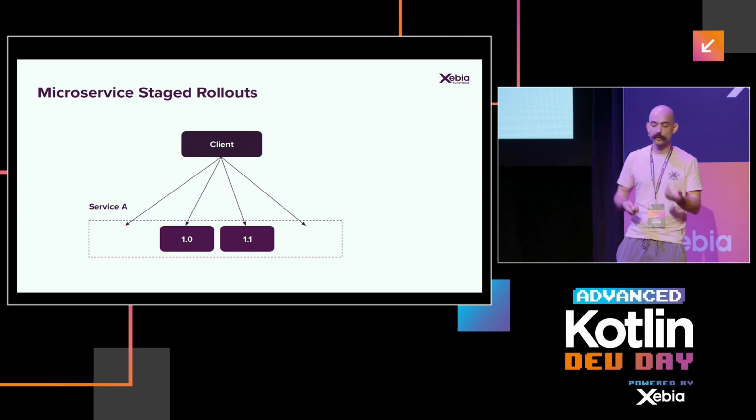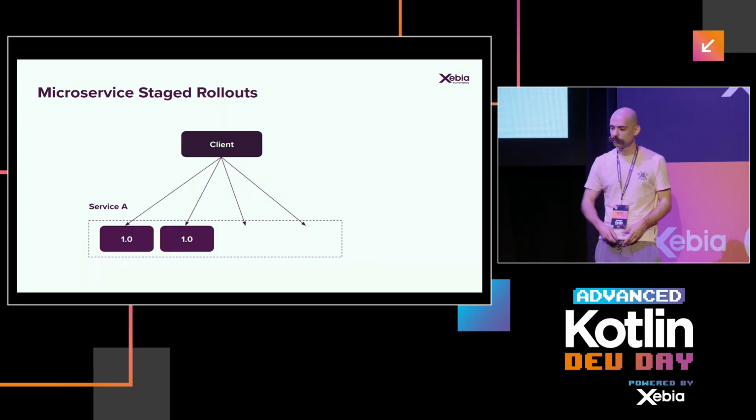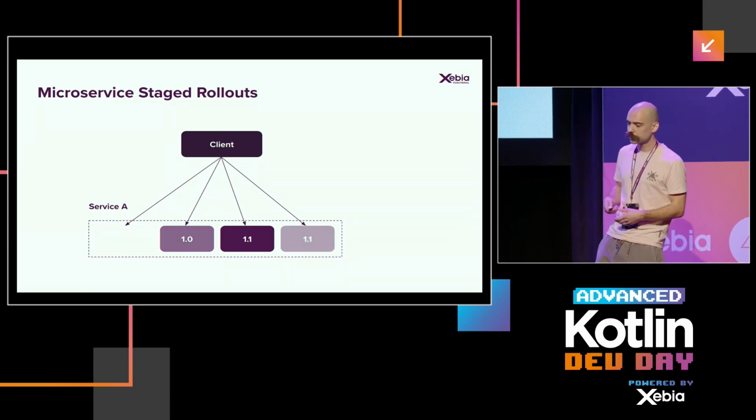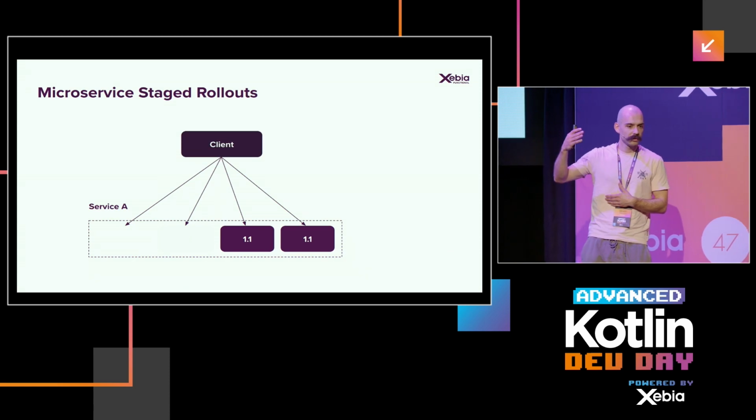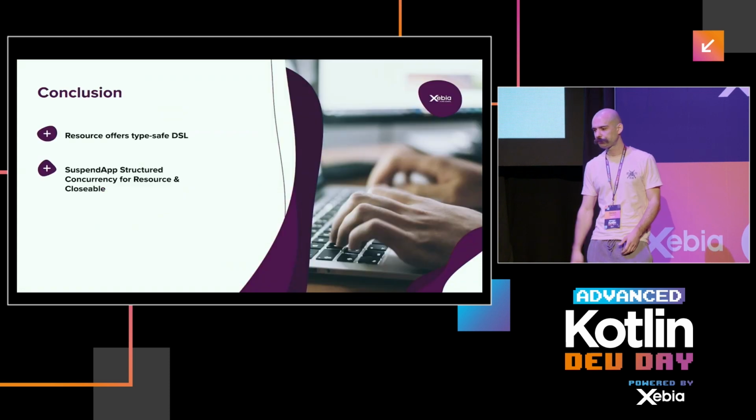When everything goes well, we roll out the other 1.1 service, or we go back to the 1.0 service. So again, this is a use case of why we need to start and close servers, and everything needs to be working efficiently. So we want to be able to reason about resource safety in a strong and type-safe manner.